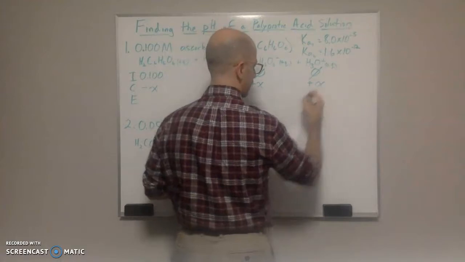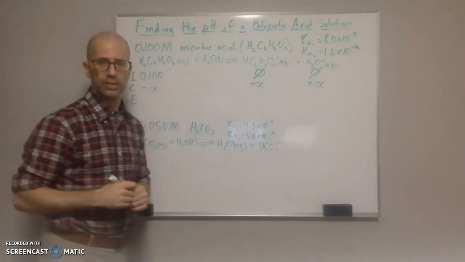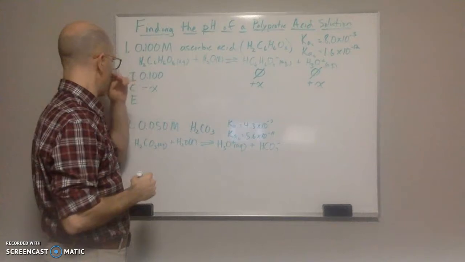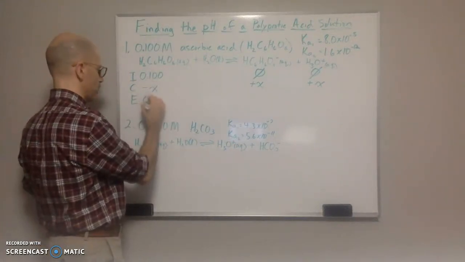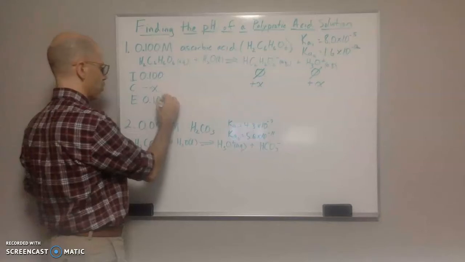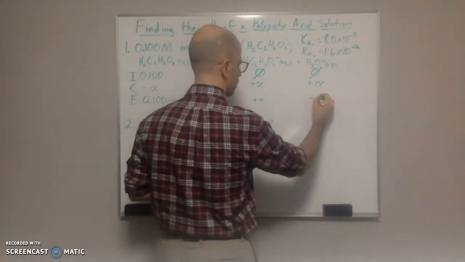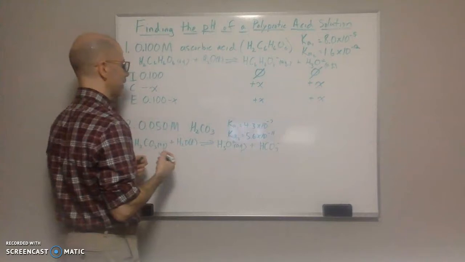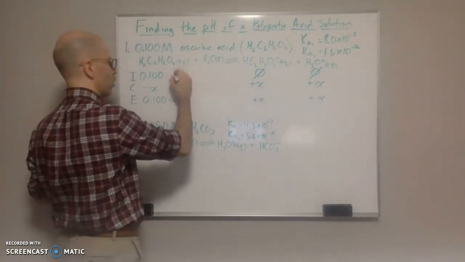And then you're going to gain some of the H3O plus, the hydronium ion. And then you add these together to get your equilibrium expression. So we're going to have 0.100 minus X, and then this will be plus X again, and this will be plus X again.